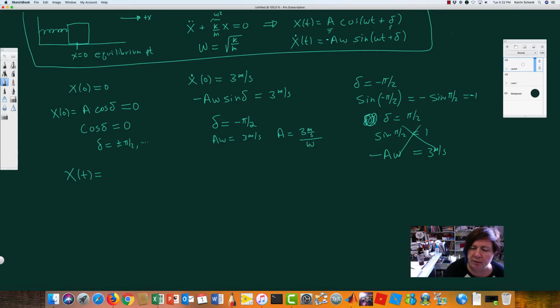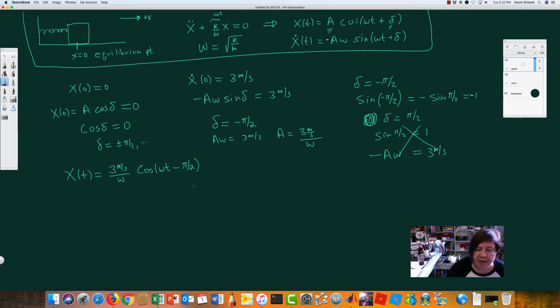This is in radians per second. Remember, radians aren't a real unit. So the seconds cancel and you get meters, which you should. So I can write down now my solution: 3 meters per second over omega, and then the cosine of omega t minus pi over 2.